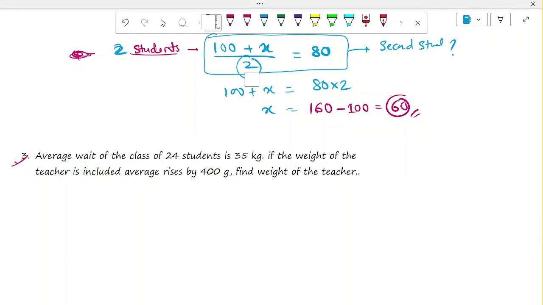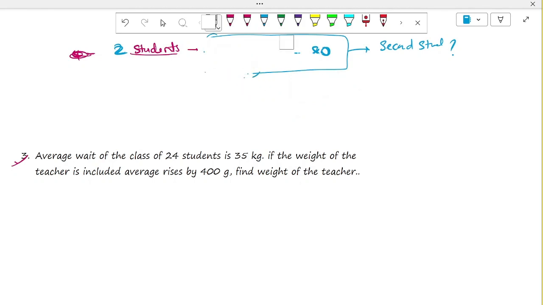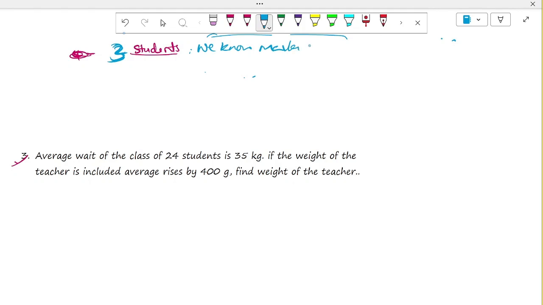Yes, good. Now we'll try to make some difference in the question. We'll take three students, and we know marks of two students.